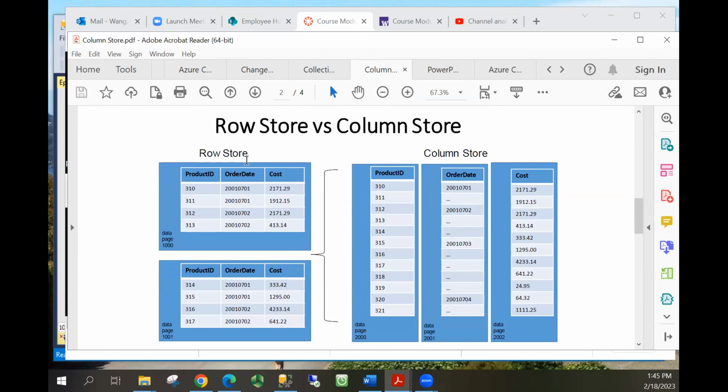And this is row store, and this is column store. I want the class to take a very close look at these two different architectures, row store, column store. Both are widely used in industry and widely researched in the academic community as well.